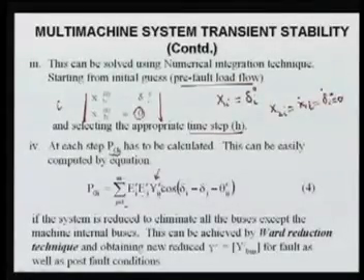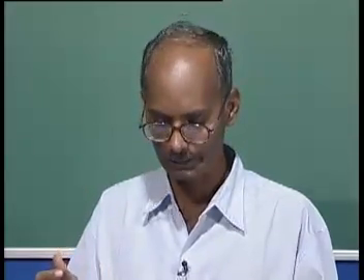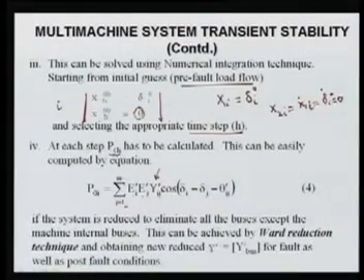Normally we eliminate all the buses except the generating buses, for the different conditions: pre-fault, during fault, and post-fault. The system is reduced to eliminate all the buses except the machine internal buses. This can be achieved by the Ward reduction technique, which is very popular.